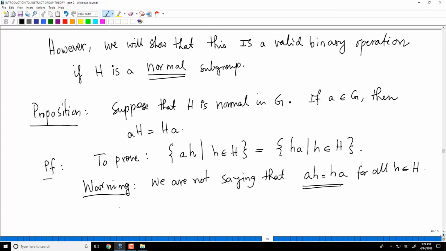So we only need aH to be in Ha. It need not be this particular small h times a, it can be some other h prime times a. So it's very important to keep in mind that saying these two cosets are the same is not the same as saying the element a times small h is equal to the element small h times a.